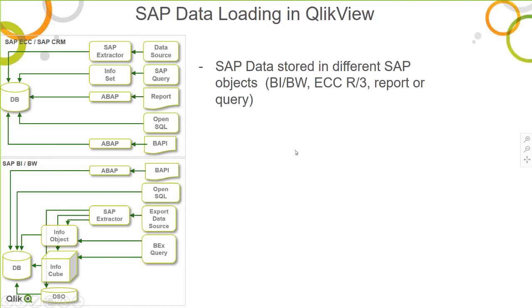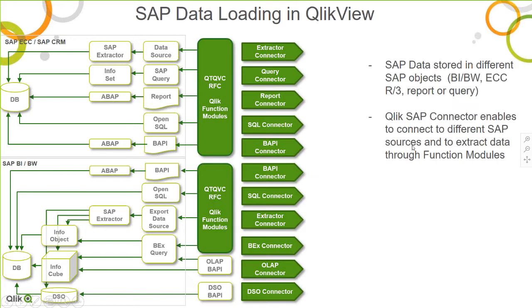And within our environment, we deal with different repositories or info objects, info cubes, different objects, and different sources of data like SAP Extractor, ABAP, OpenSQL, BigQuery, and so on.